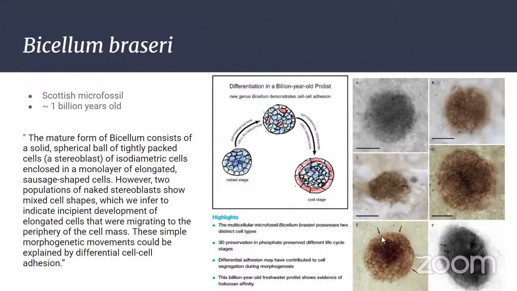I didn't copy the caption here for you. So we can see that we have a long sausage shaped cell here on the outside. And we can see more tightly packed cells here on the inside. So they're interpreting this as growth with cells that are clearly adhered to each other, working as a single organism.